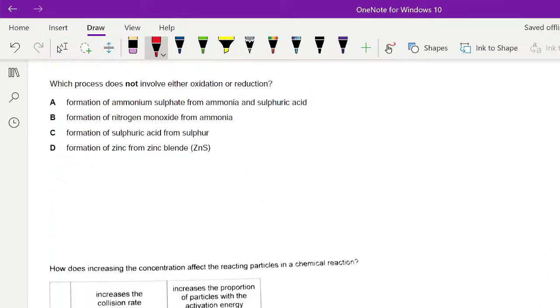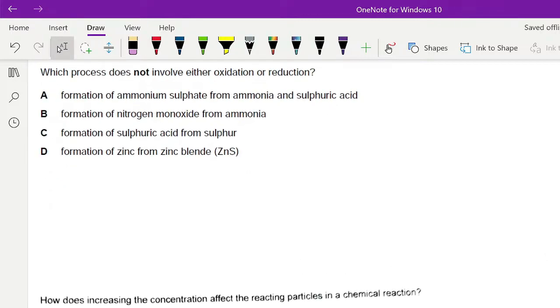Which process does not involve either oxidation or reduction? Now, this is how you do it in a fast way, okay? If you have something that is element turning to compound or ion and vice versa, this must be redox.